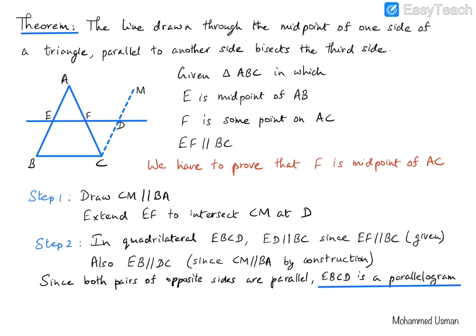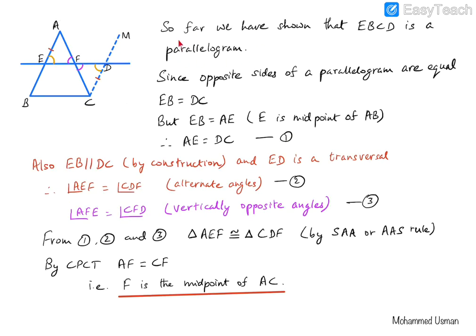Now that we have shown EBCD is a parallelogram, we can notice that the opposite sides of the parallelogram are equal. So that means the opposite sides EB must be equal to DC. Okay, so EB and DC are equal. But since E is the midpoint of AB, EB is also equal to AE.